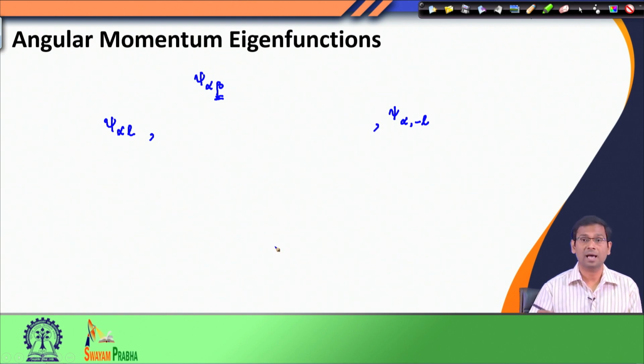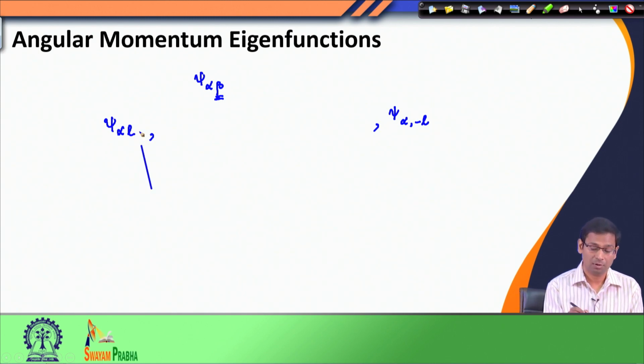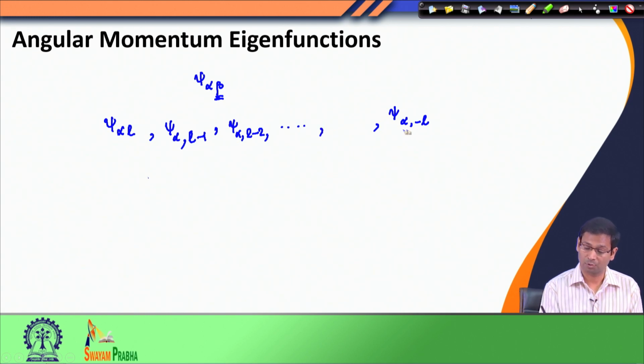We saw that the eigenfunctions of the L square and Lz operator were coming out in steps of plus 1 or minus 1 with respect to this beta value, or in this case this is L. So, the other eigenfunctions are psi alpha L minus 1, psi alpha L minus 2, and so on and so forth.